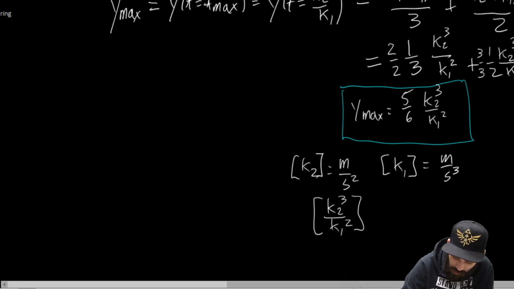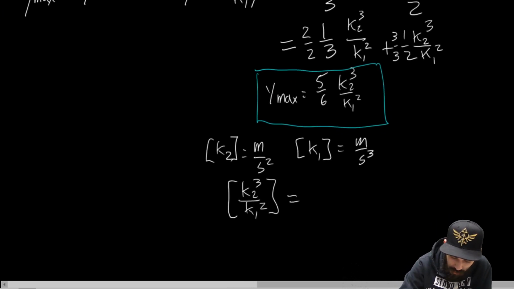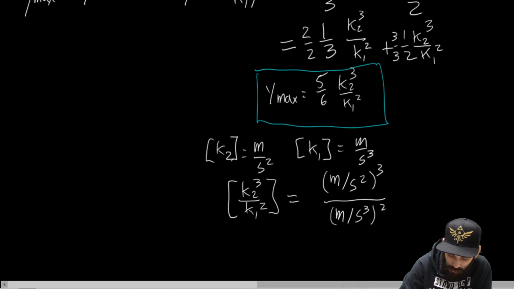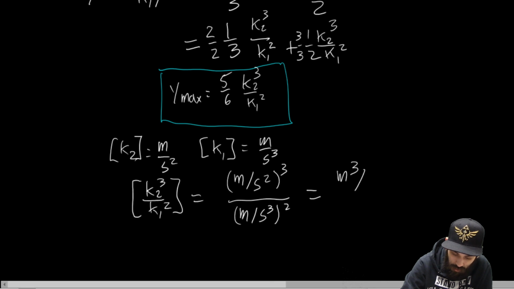Okay, so let's take a look at this. This is going to tell me that I have units of meters per second squared, cubed, divided by units of meters per second cubed, squared. When I do this, I have meters cubed per seconds to the 6 divided by meters squared per seconds to the 6.